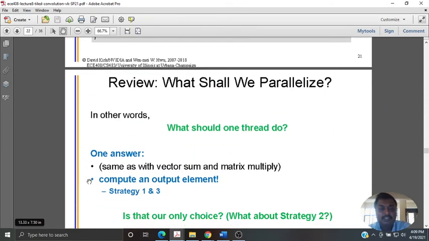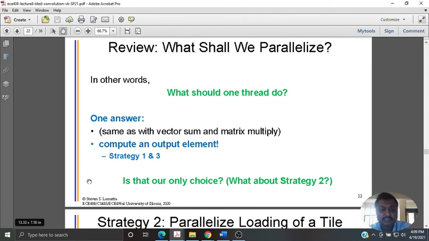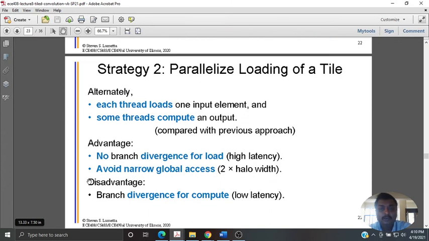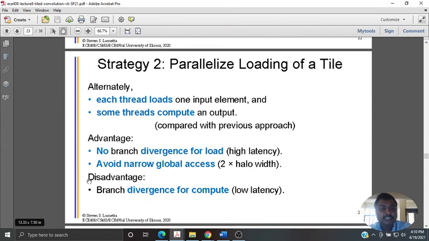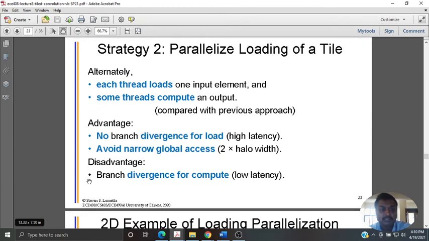So what shall we parallelize? What should one thread do? Same as the vector sum. Loading of a tile can be parallelized. Each thread loads one input element and some threads compute an output. No branch divergence, again he is stating the same, because everything can be loaded at once.